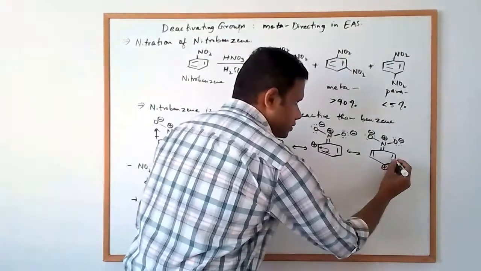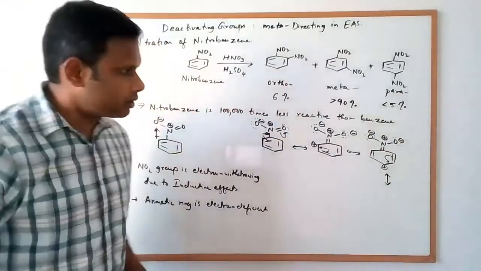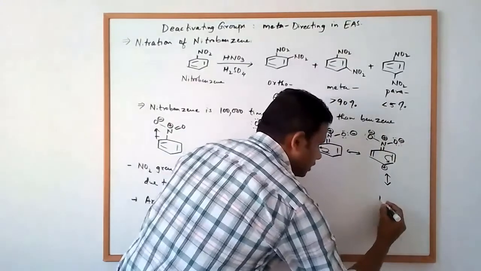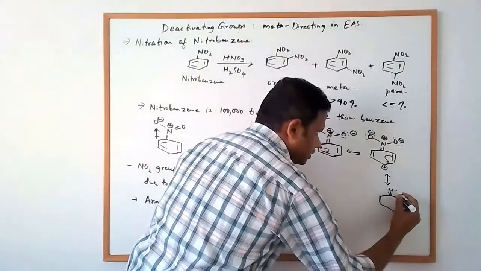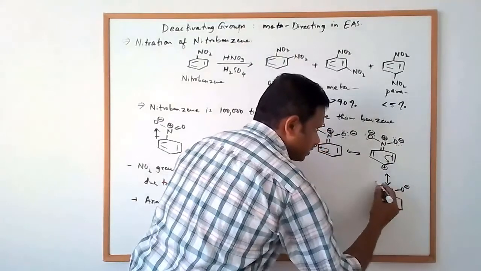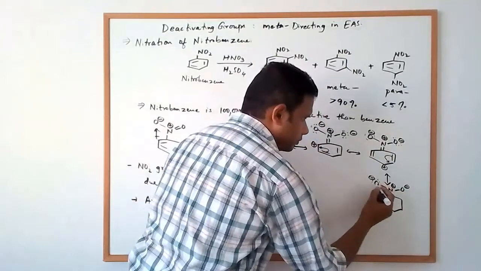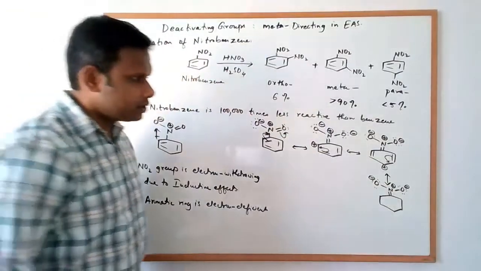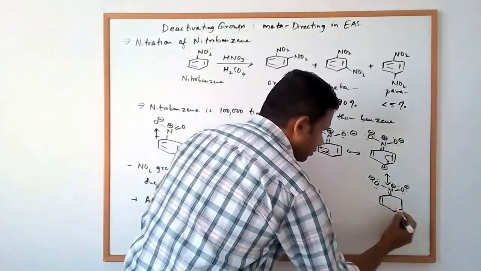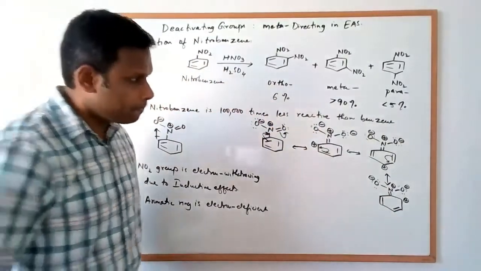A further resonance form can be written using the other pi bond that's available. That is going to give us an additional resonance form where we have O minus, and a positive charge. Lone pairs on the oxygens, double bond here, and a positive charge over there.